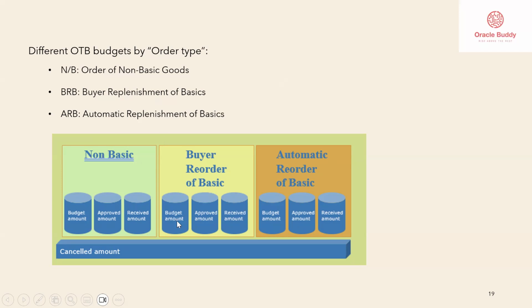For every order type, there are budgeted amount, approved amount and received amount buckets from which, while creating the orders, it will be calculated. Once any of the orders gets cancelled, the OTB buckets are recalculated and it is available for other POs.